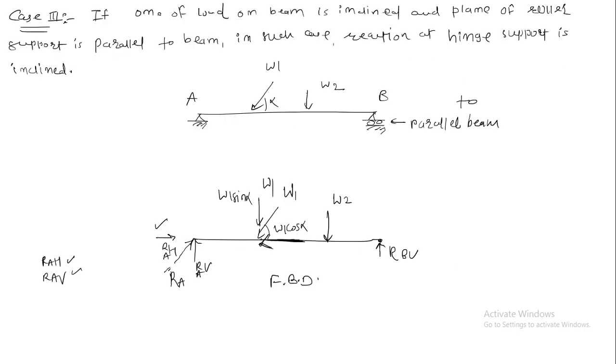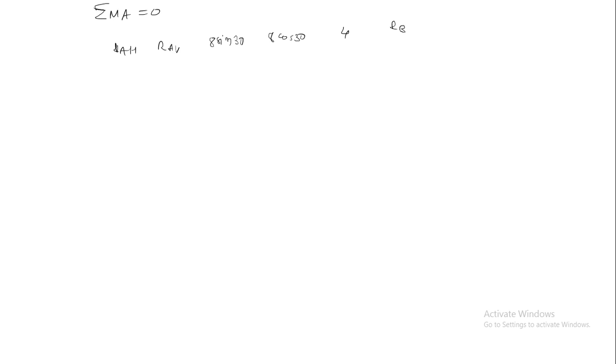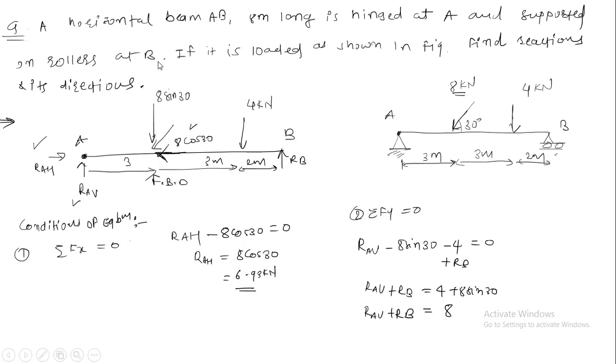So that is also passing through point A, which means we will make their moments directly 0. RAH is 0, RA vertical is 0 and 8 cos 30 is 0. Where is 8 sin 30? Here is 8 sin 30. Its perpendicular distance is 3 and it will be clockwise.